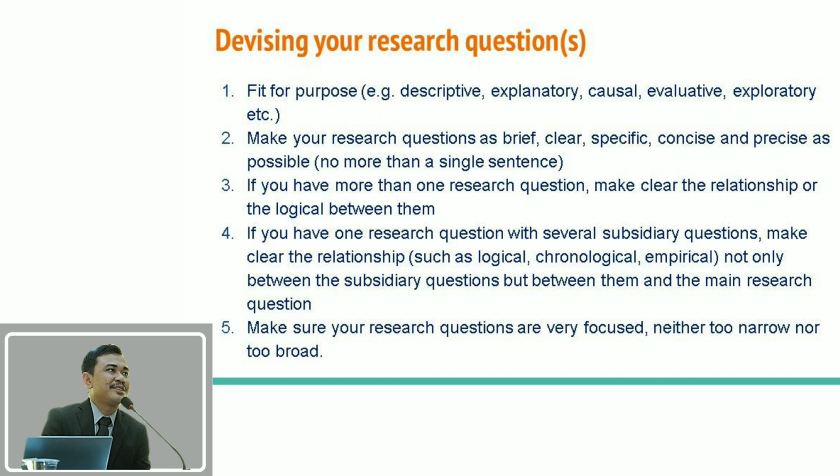You have to have a clear and obvious path among them. And also make sure, number five, make sure your research questions are very focused. Don't be too narrow. Don't be too broad. Be focused on one thing.